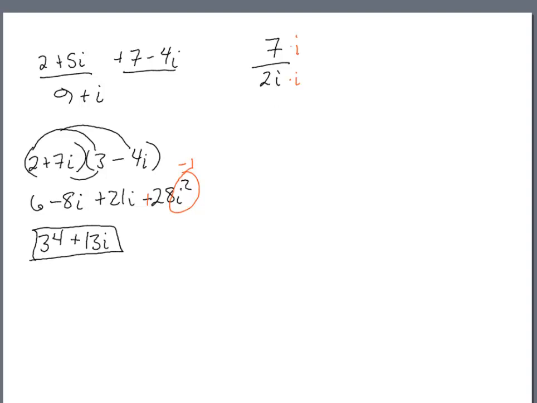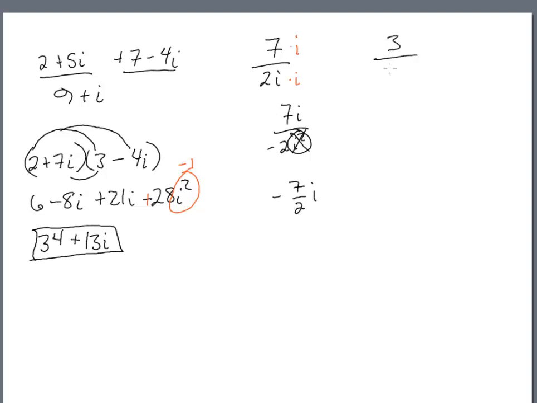We have 7i over 2i squared. What does i squared do? It's a negative 1. So we get negative 7 over 2i. The real part of this number is just 0.